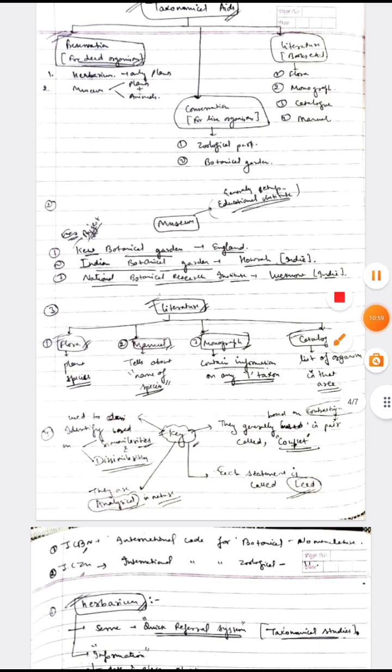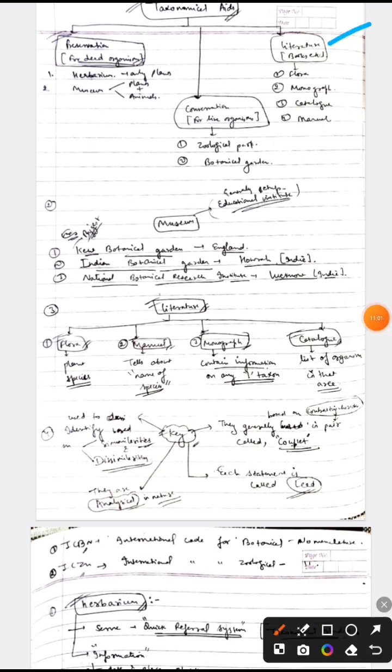Now next is literature. Literature is about books, how we can refer to books. First is flora. Flora means the study of plants, the study of endangered plants. Endangered means species that are very few in our surroundings, our environment, and even if present are about to go extinct. That is known as endangered species. So flora is the study of plants.